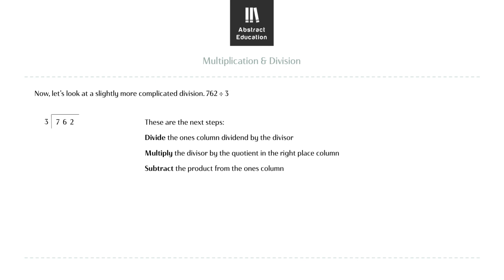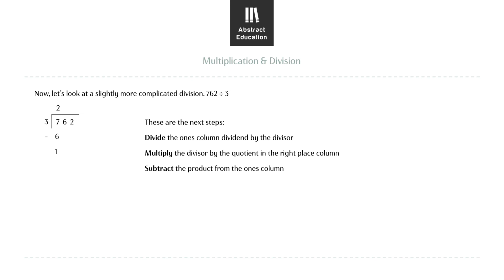So 7 divided by 3 equals 2 remainder 1. We write the 2 above the 7 and we will see the remainder 1 later on. Next we multiply 2 by 3. So 2 times 3 equals 6. The answer 6 is placed below the 7. Now we subtract the 6 from the 7, so 7 minus 6 equals 1.